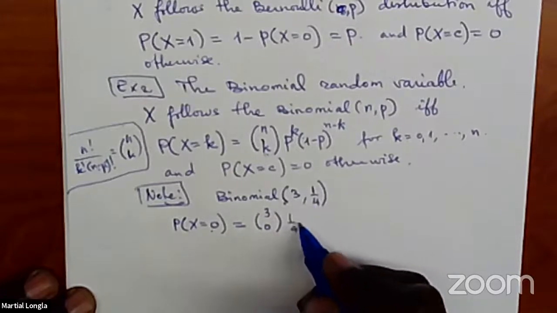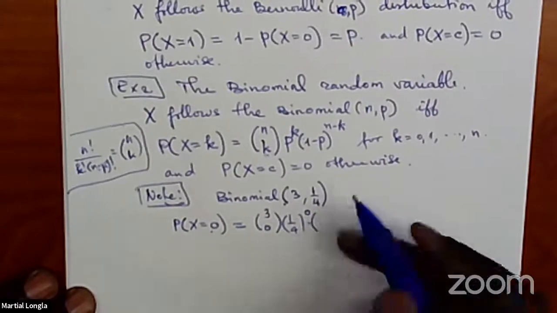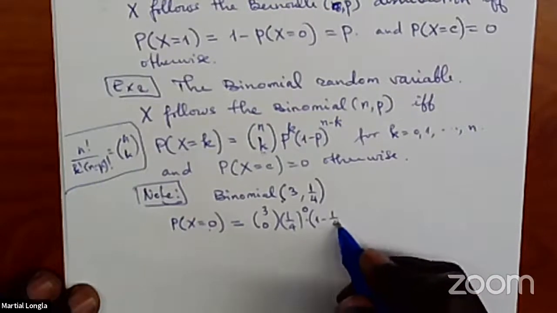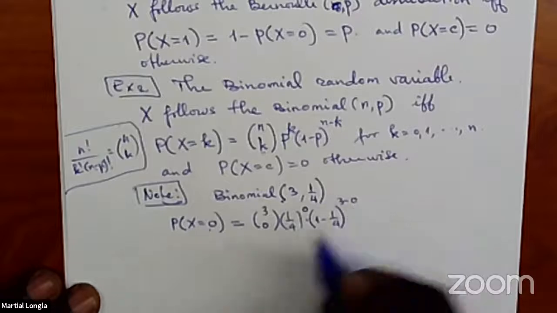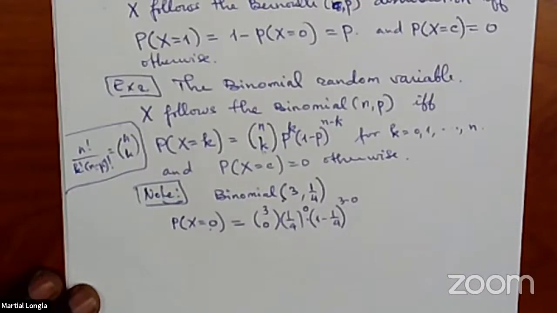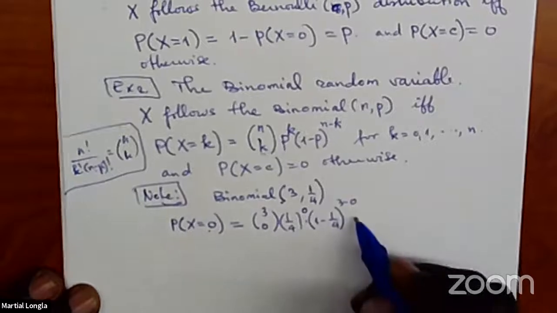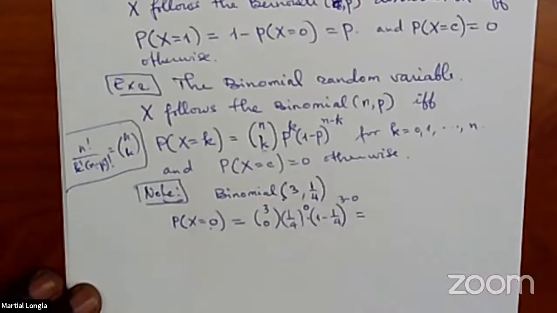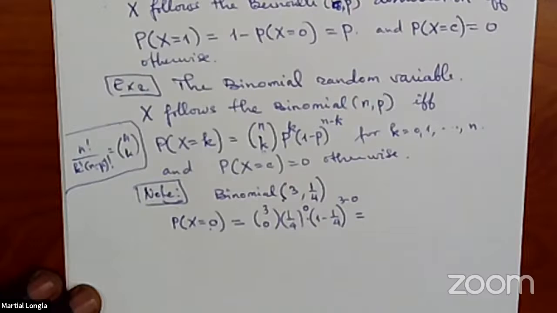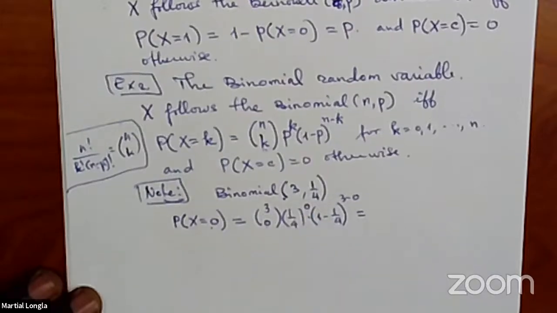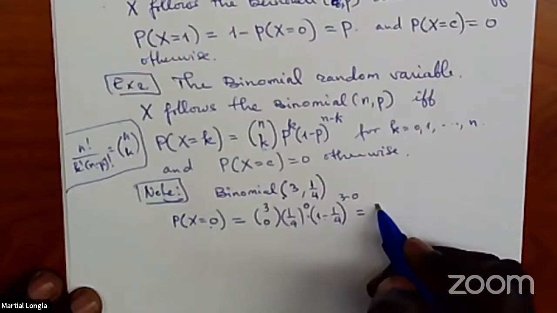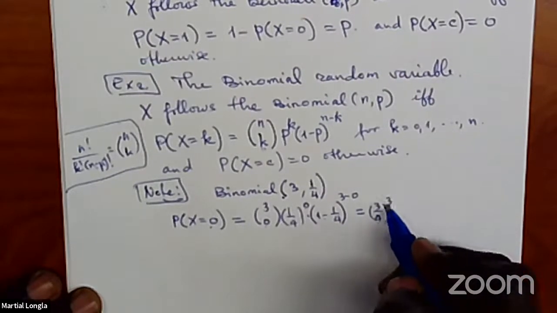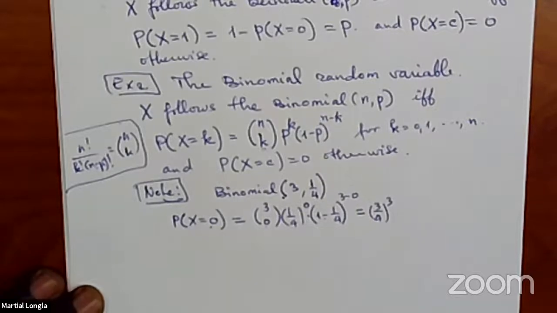Take 1/4 to the power 0, and then take 1 minus 1/4 to the power 3 minus 0. And so choose 0 out of 3 is 1. There's only one way to take nothing out of 3. Then 1/4 to the power 0, anything to the power 0 is 1. So you get 3/4 cubed. So that's the probability of having x equals 0 for a binomial 3, 1/4.